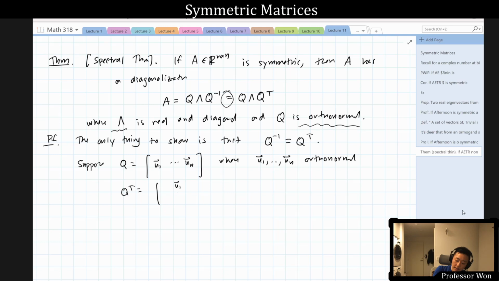Right, so I'll write it like this. I guess these are transposes, really. Now let's just multiply Q transpose times Q, see what we get. Then Q transpose times Q is equal to this matrix times this matrix.